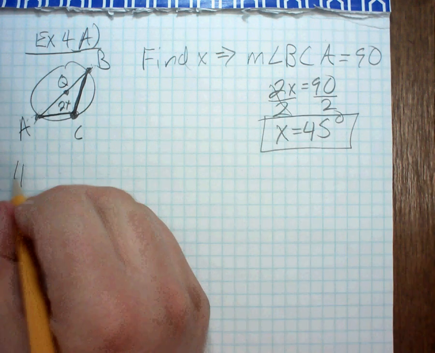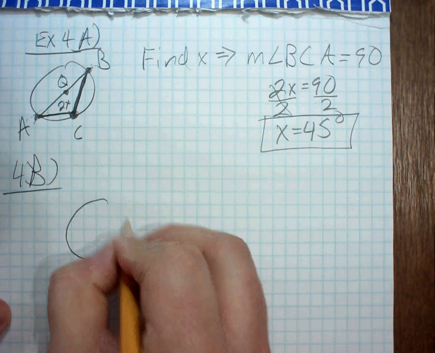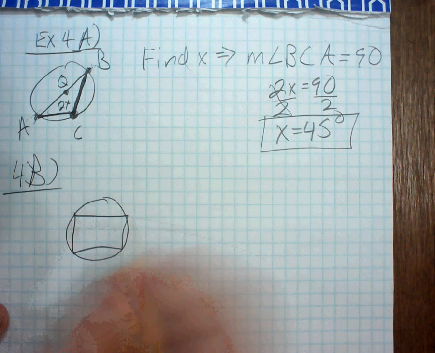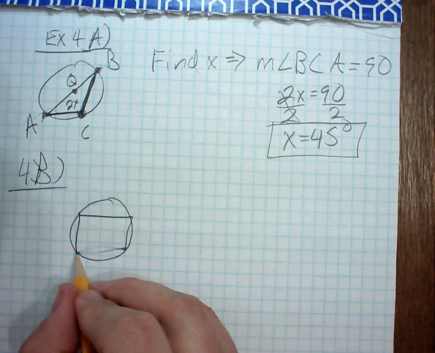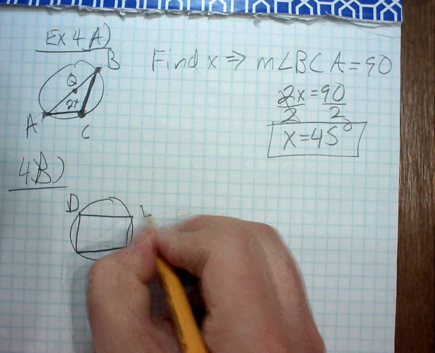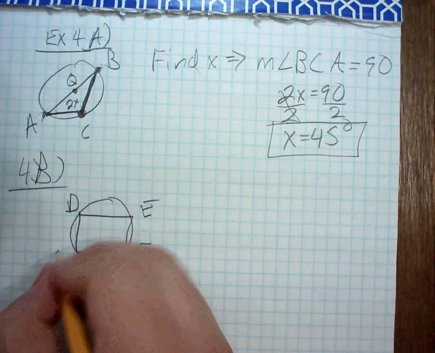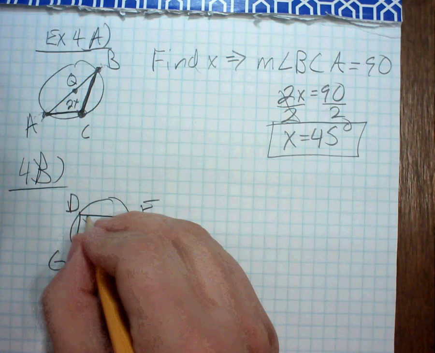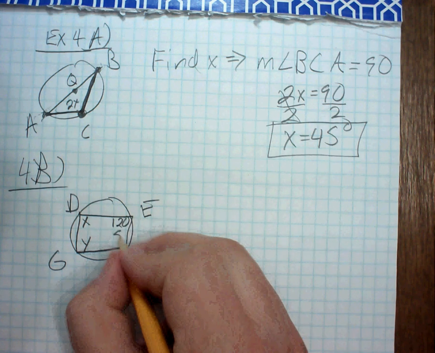Now, part B, you have a perfectly drawn circle that looks like this, and I have a quadrilateral. I'm just trying to get this done. So then I say D, E, F, and G, where this is Y, this is Z, this is 120, and this is 80.